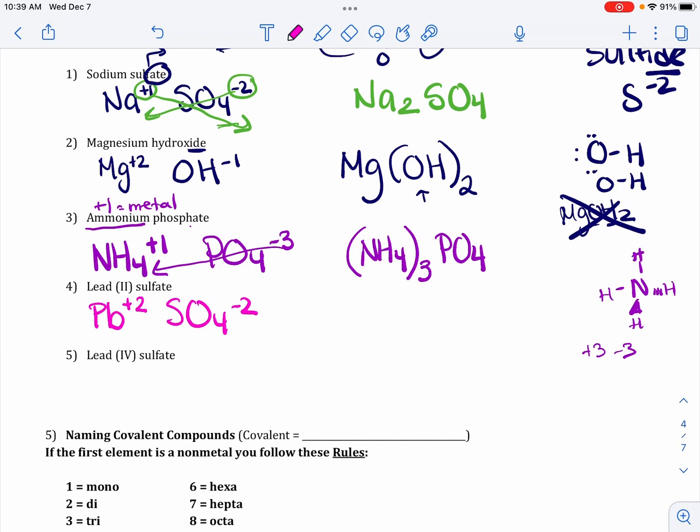So if Pb's plus 2 and sulfate's negative 2, then we only need one of those. So it'd be PbSO4 because the 2's would simplify to 1 and 1. So we only need one Pb and one SO4. And no parentheses because we only need one of the SO4s. You only add parentheses if you are adding more than one polyatomic.